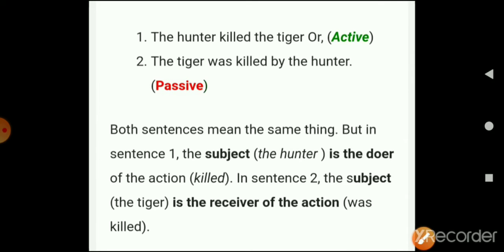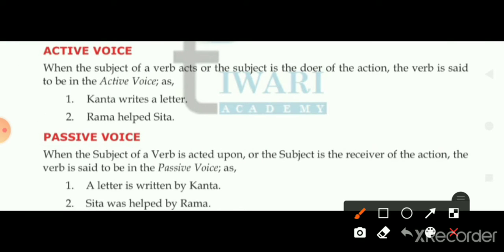Now, what is active and passive voice? When the subject of the verb is the doer of the action, or acts on something, we say that the voice used in the sentence is active voice.